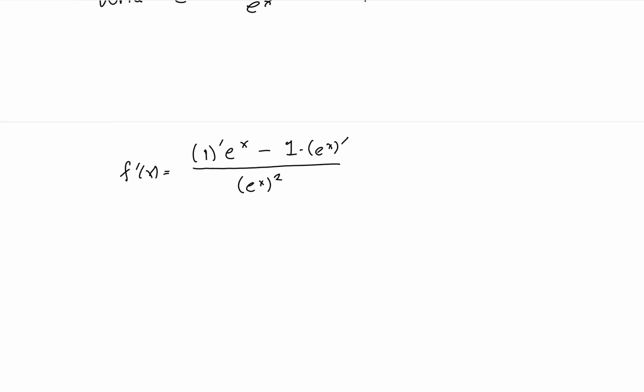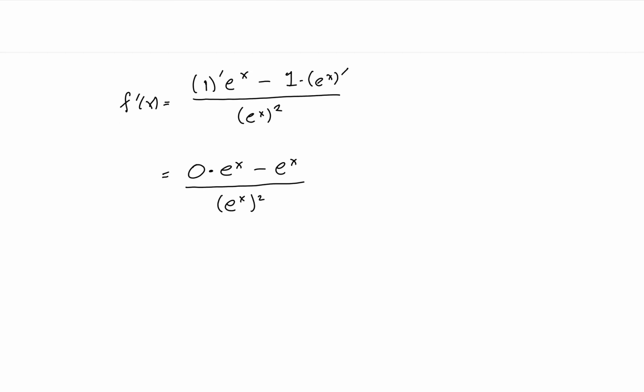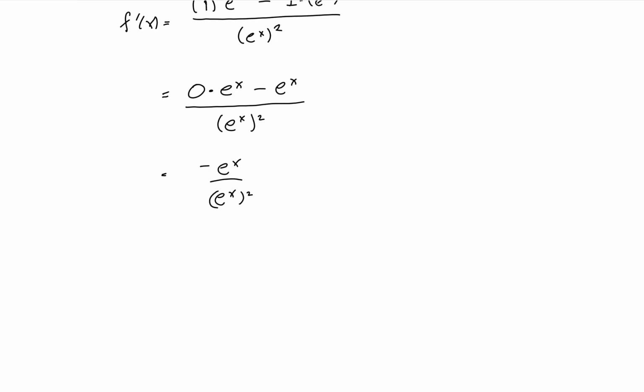Now we know the derivative of 1 is 0, so this is 0 times e to the x, minus the derivative of e to the x, which is just e to the x, all over e to the x squared. So this becomes minus e to the x over e to the x squared. Now we cancel one of those e to the x's, so I get minus 1 over e to the x, which I can write as minus e to the minus x.